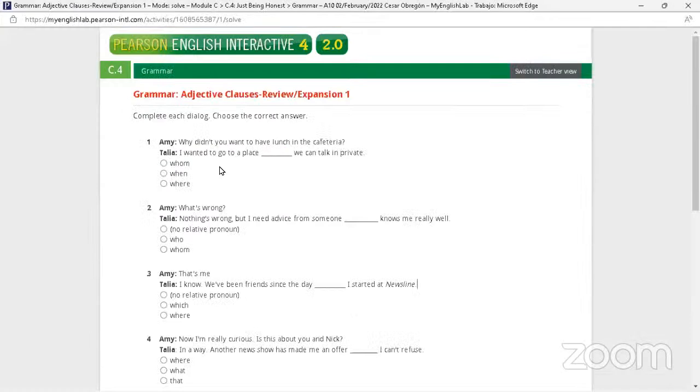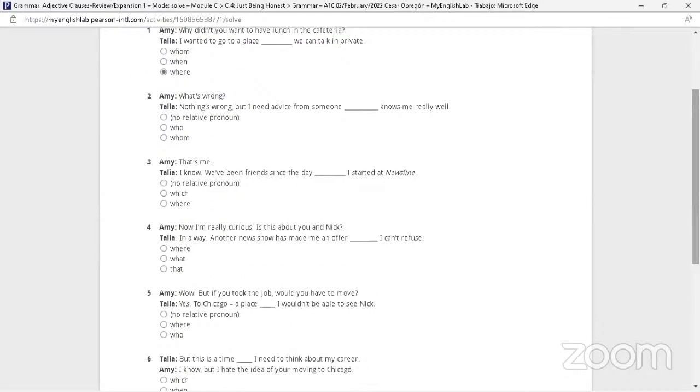Okay, so the correct answer is where. Number 2. What from? Nothing from, but I need advice from someone who knows me really well.